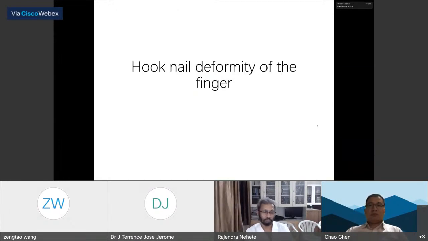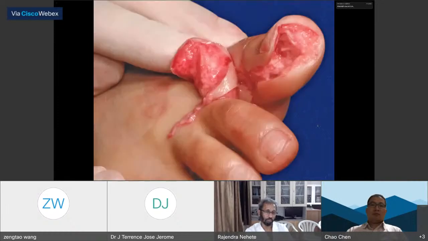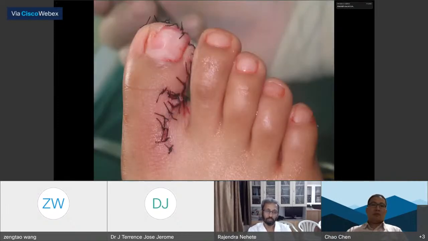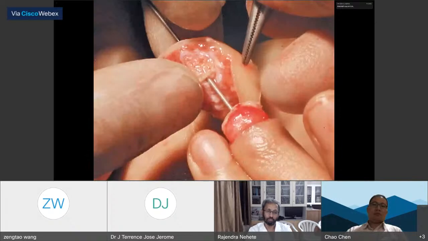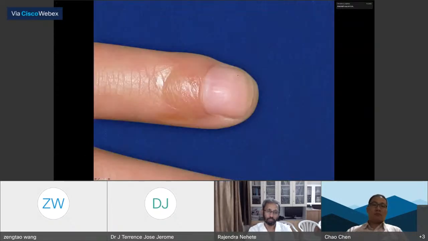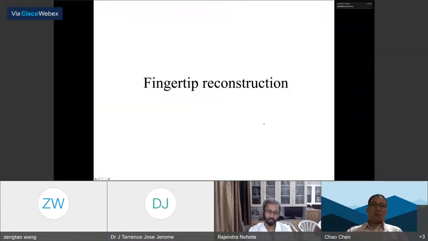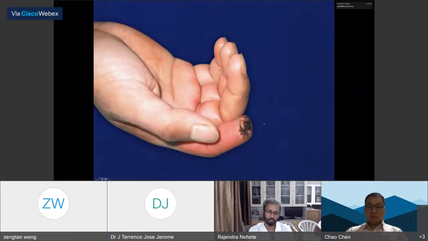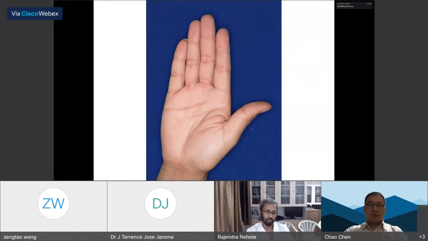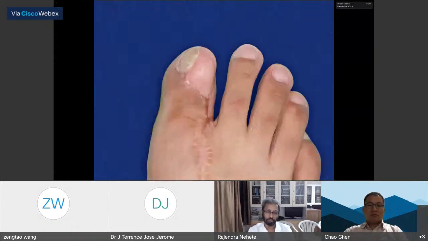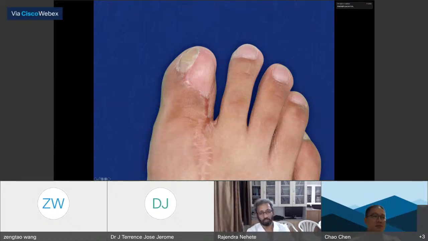For this case, we use the bone flap, and 2 years post-operation. There is a post-operation result, but the great toe lost most parts, a large part of the nail.